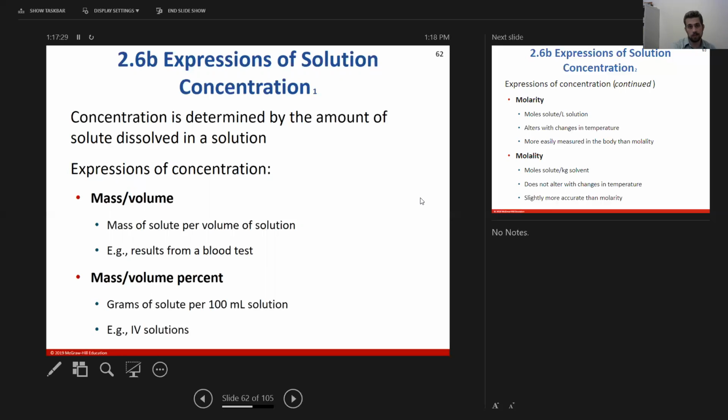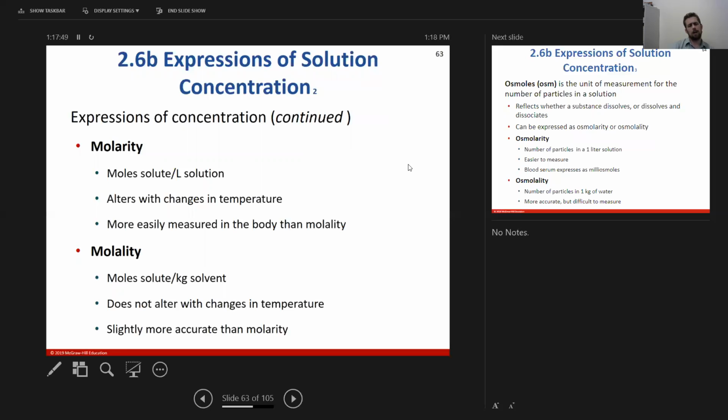If I've got 20% salt and 80% water, that means I've got 20 particles of salt and 80 particles of water, or 20 grams of salt per every 80 grams of water.